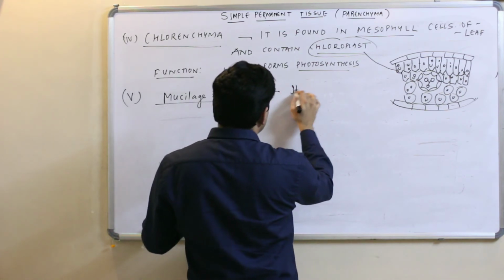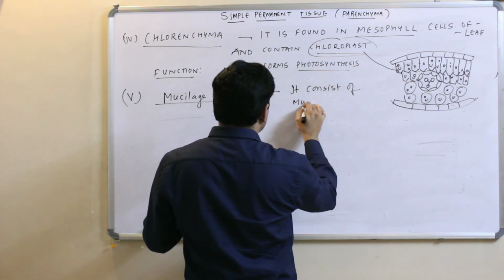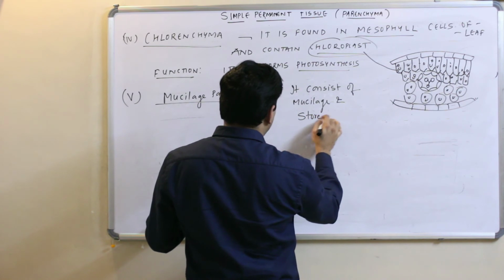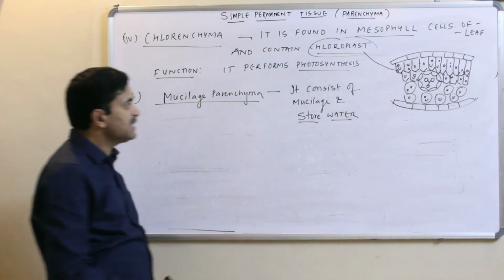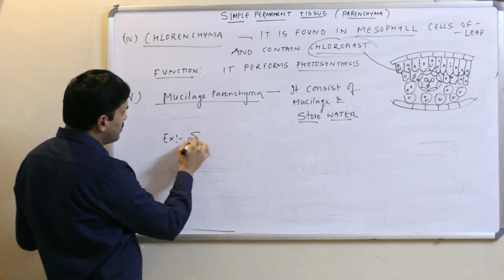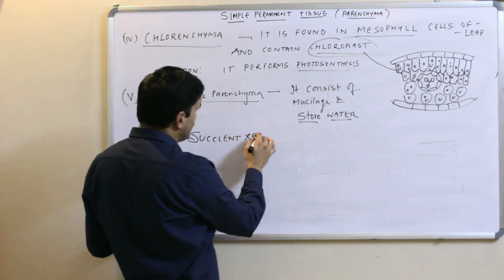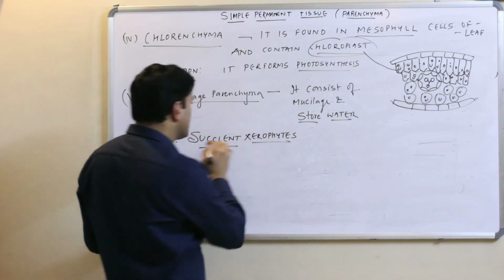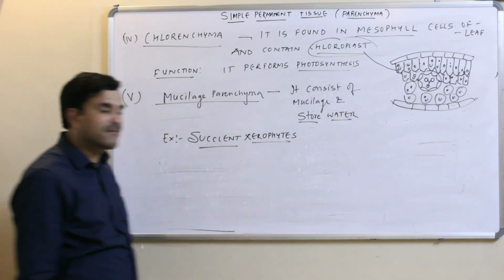It consists of mucilage and stores water. This type of the parenchyma contains mucilage and it stores water. Say for, if I talk about certain succulent xerophytes, then in them the mucilage parenchyma is found.